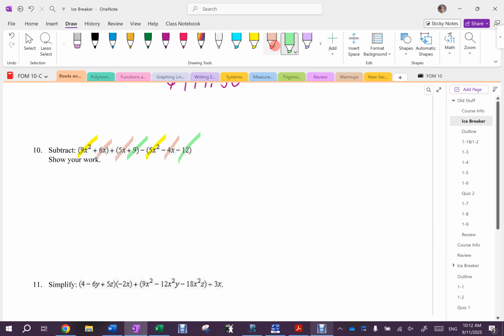Whatever you like to do, I don't care. The answer is, of course, 4x squared plus 15x plus 21. Right? Because you remember that negative changes all of these signs.